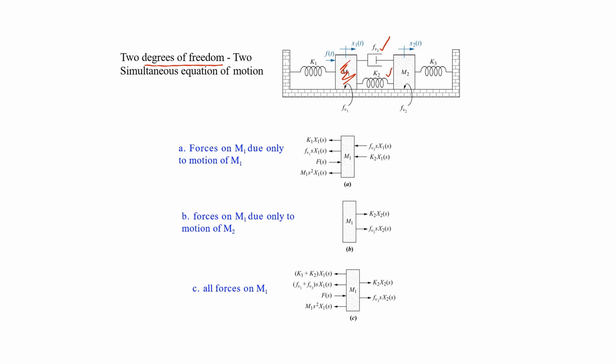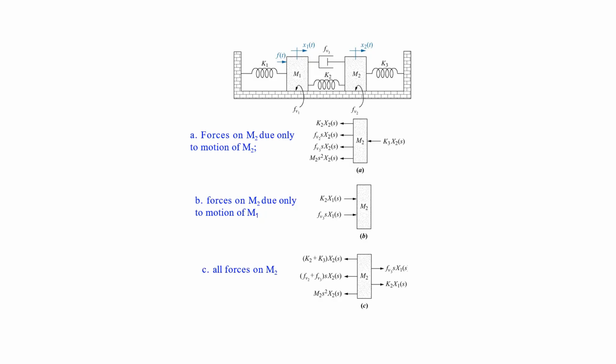That's why we have noted down these two forces here. And after we have noted down all of the forces acting on the m1 due to the m1 itself and due to the motion of m2, we will now combine all of these forces, and all of the forces in figure A and figure B are now combined into figure C.